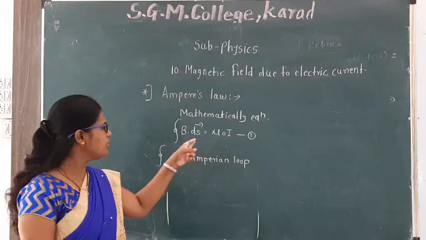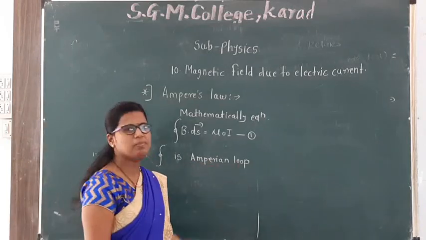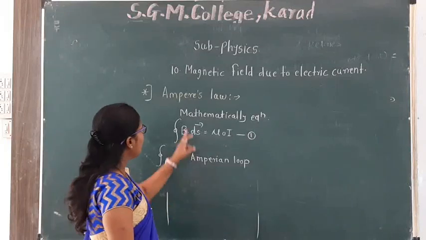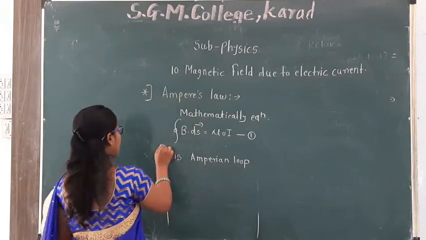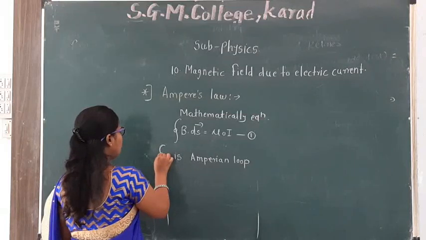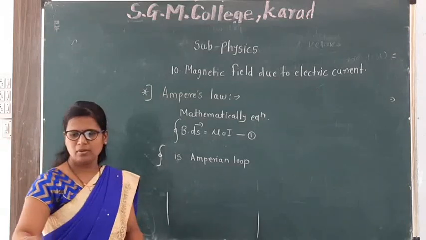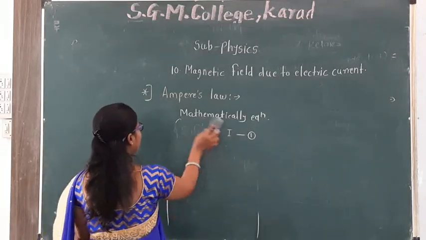The shape of this Amperian loop depends on the shape of the conductor. In Ampere's law we use the Amperian loop. This sign indicates integration over the closed path. Now this is the mathematical equation of Ampere's law.